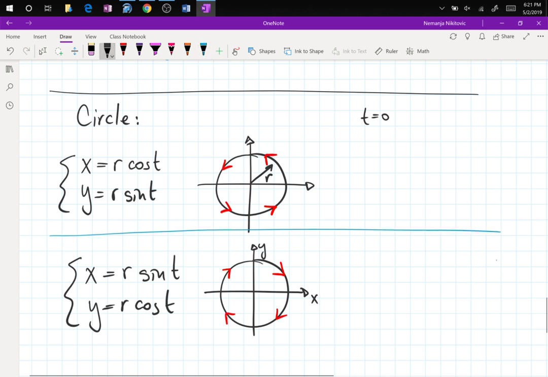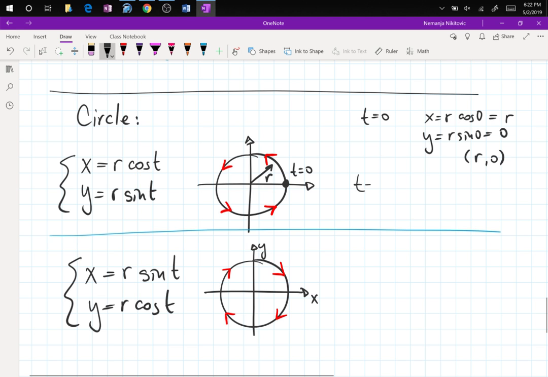So if t is equal to 0, I have x equals r cosine 0, which is r, and y equals r sine 0, which is 0. So for time t equals 0, I have r, 0. X coordinate is r, y coordinate is 0. Well, that's here. So this is your t equals 0 point.